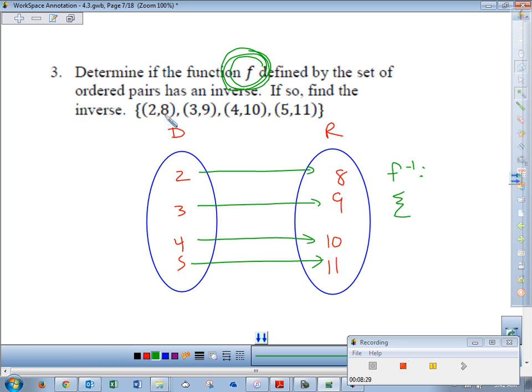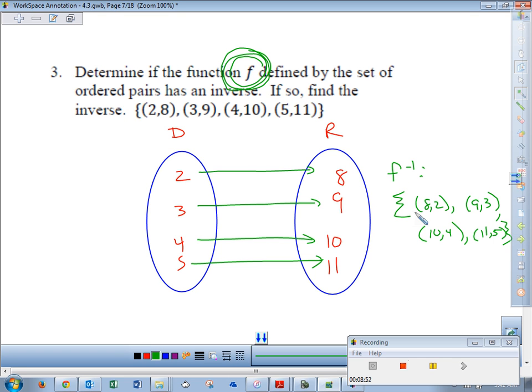So if this first guy is 2, 8, what's the inverse point of that going to be? 8, 2, comma, 9, 3, 10, 4, good buddy, and 11, 5. And then close your bracket up. Sorry, I didn't have enough room to write that. Try to write it lengthwise if you've got the room. But the inverse of that, you switch x and y around.